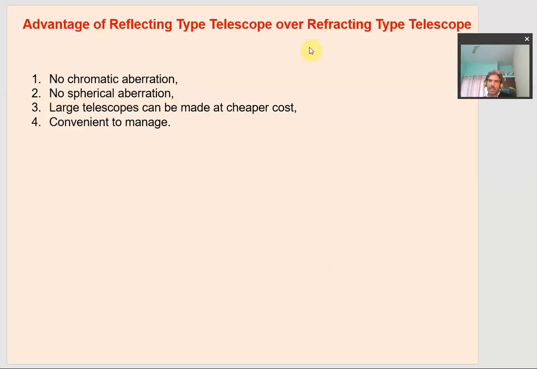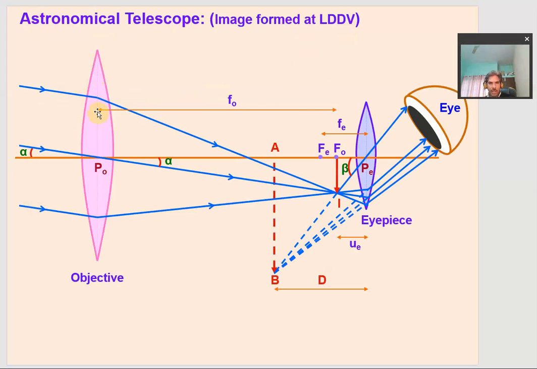In case of refracting type telescopes, all the light rays which are coming from the distant star, which are parallel to each other, are not converged at one common point called the focus. The property of a convex lens is that it has to converge all the light rays coming from a distant object at its focus.